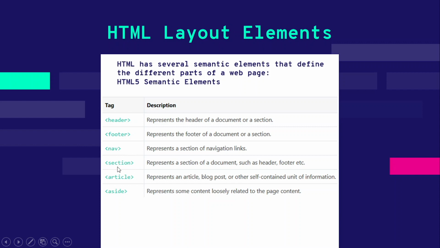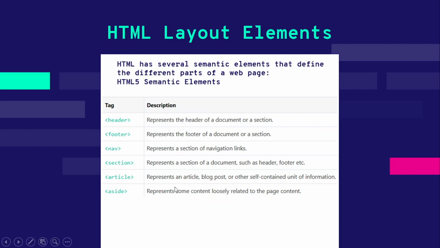If you're creating sections of pages, like different parts of your data, you use the section or article tag. And then we use the aside tag, which is basically used for showing content on the left or right side.